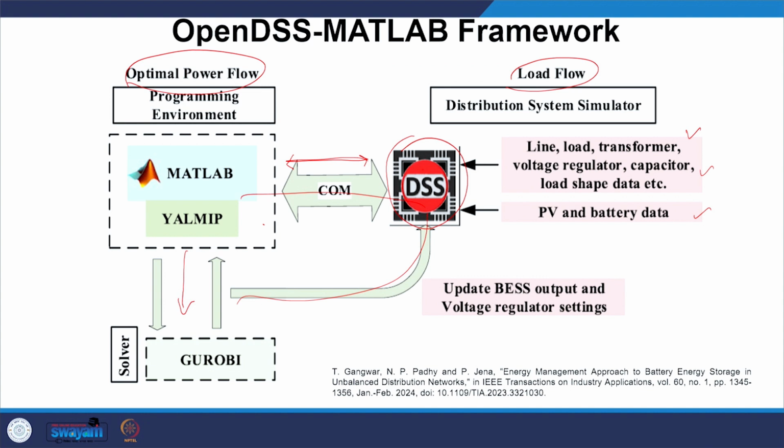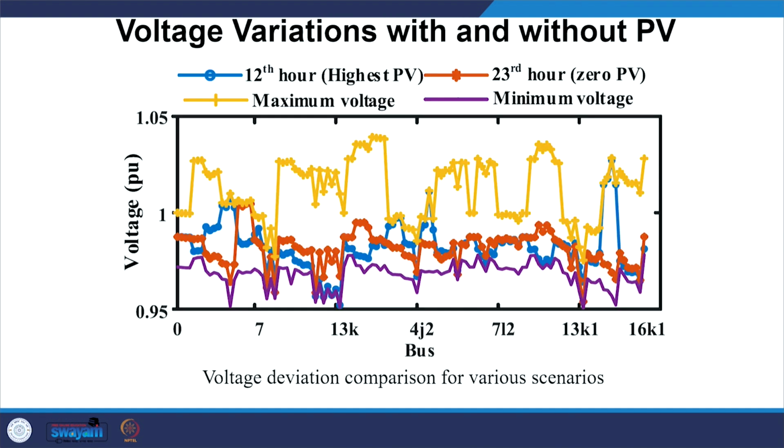You can also refer to an article published in IEEE Transactions on Industry Applications by Tripti Gangwar et al. The voltage variation with and without PV is quite interesting to observe, because as you all know, when there is PV integration, the voltage at that particular location will increase.